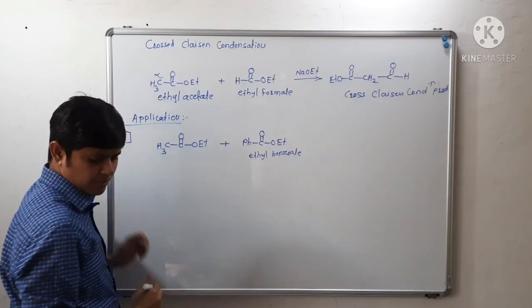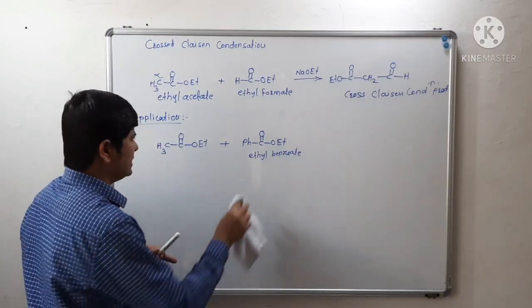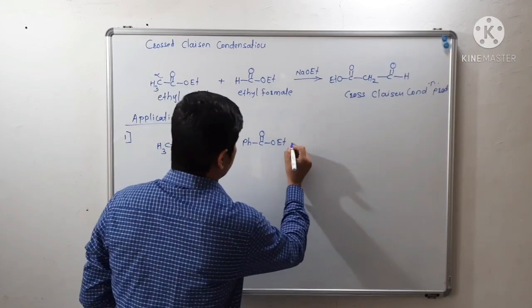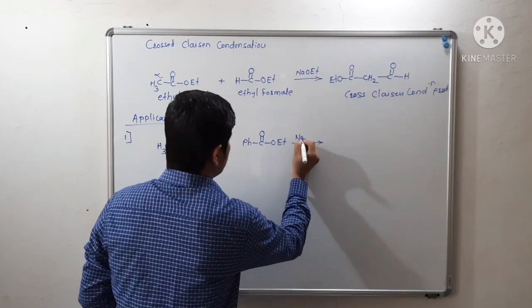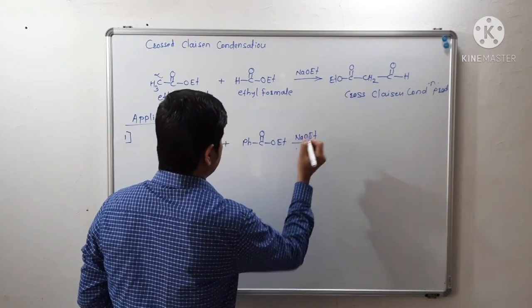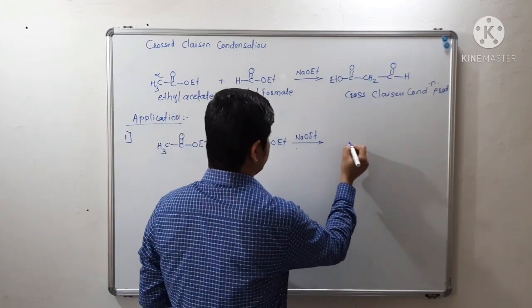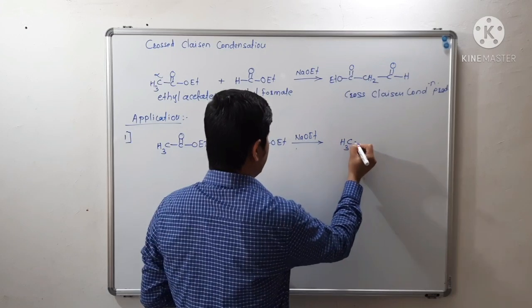So when we react ethyl acetate with ethyl benzoate in presence of sodium ethoxide, we will have a product like this.